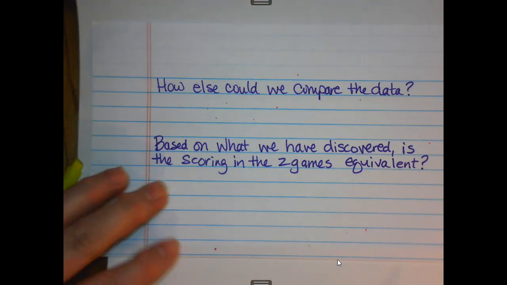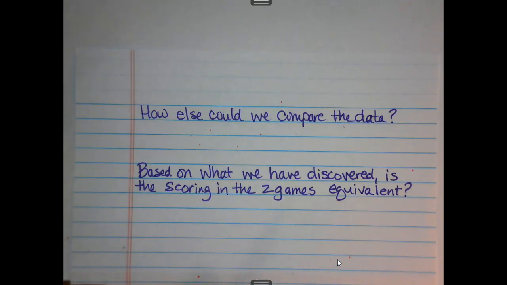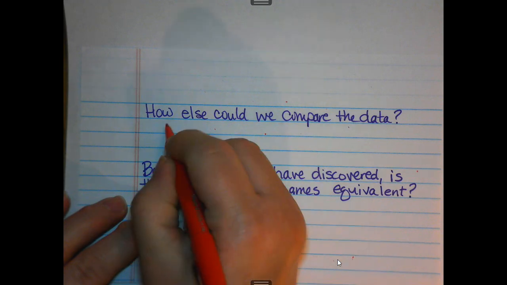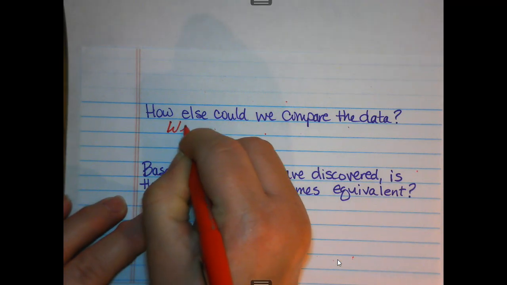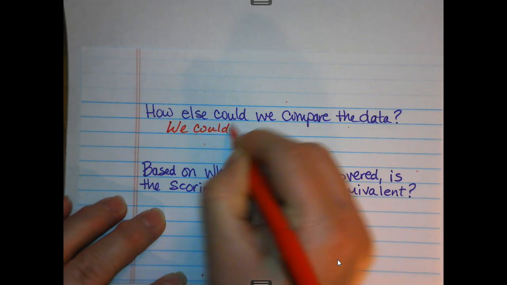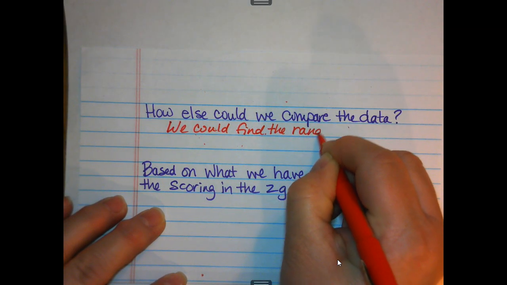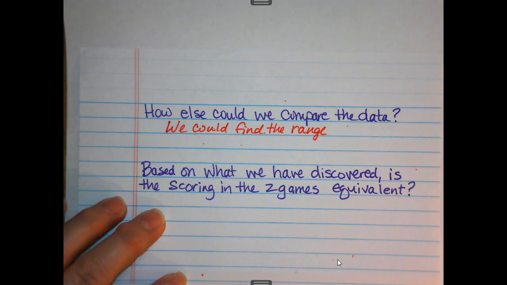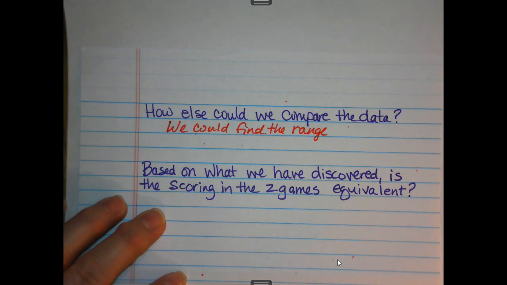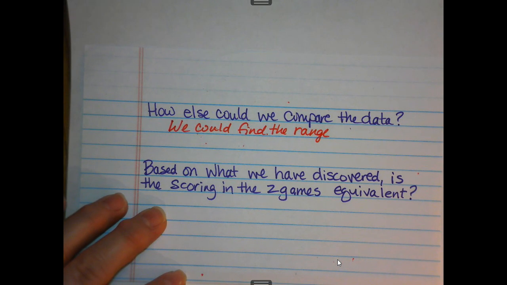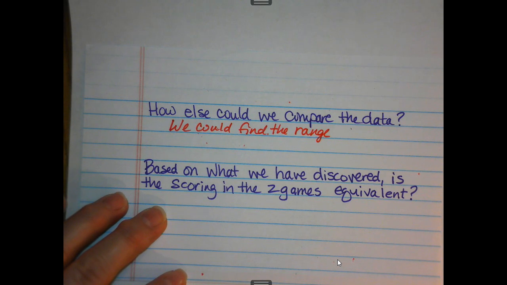And one of the questions is, how else could we compare the data? I believe that one way we could do that is we could find the range. And if we do that, for those of you that are following along and taking notes, you know that the range would be 10 for each of them. So that's one thing we could do.